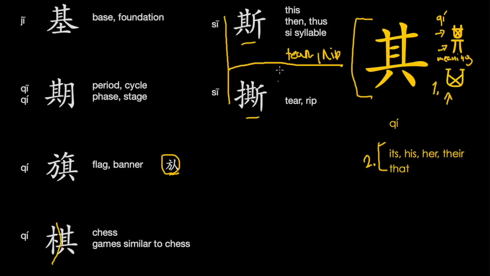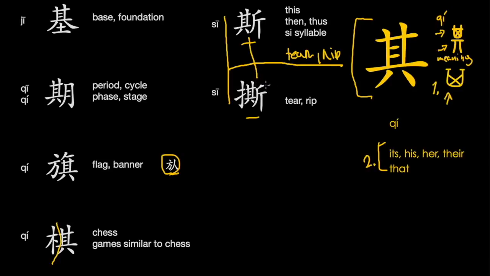Now, why these two characters are interesting is that when we move on, we have another character in this series. As you can see, this whole character is over here. So now, just to make it a bit clearer, this character becomes the phonetic element in this character.